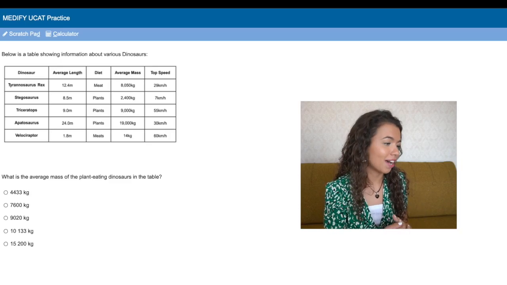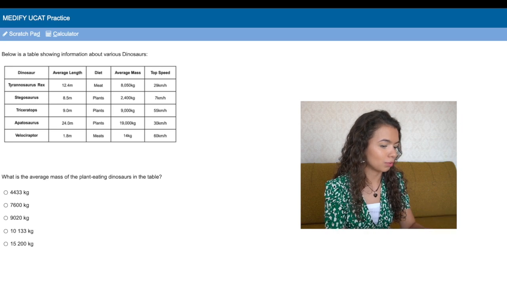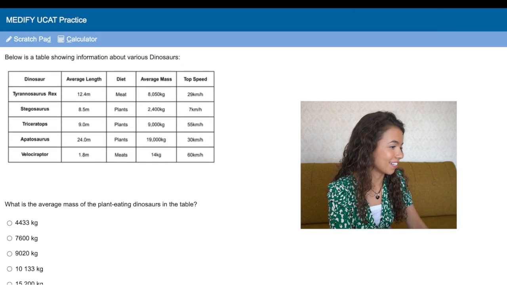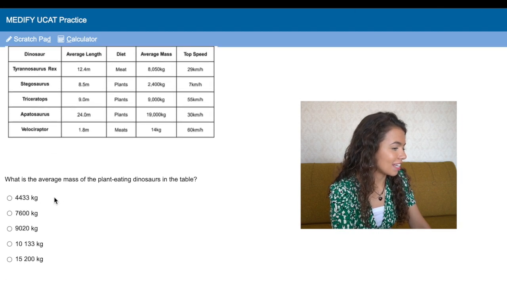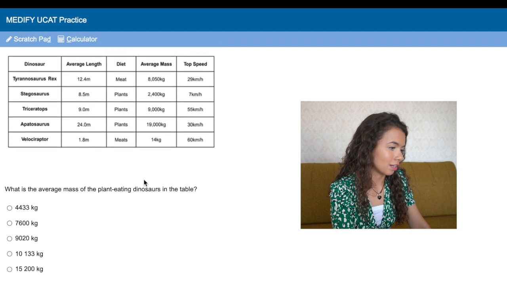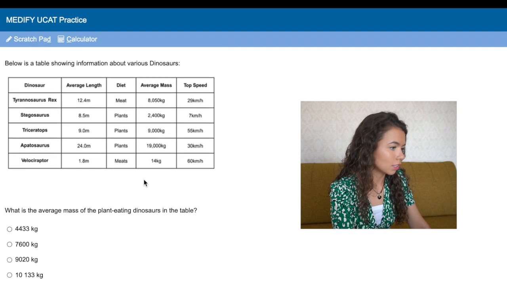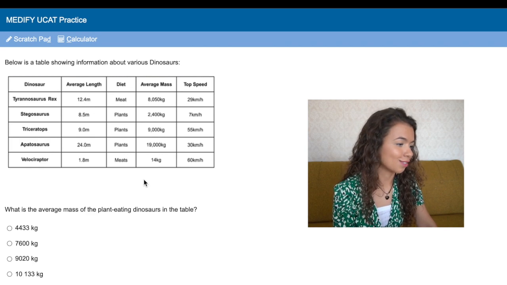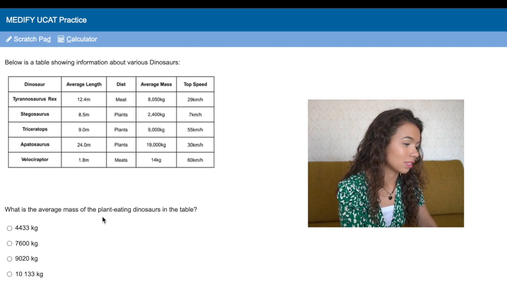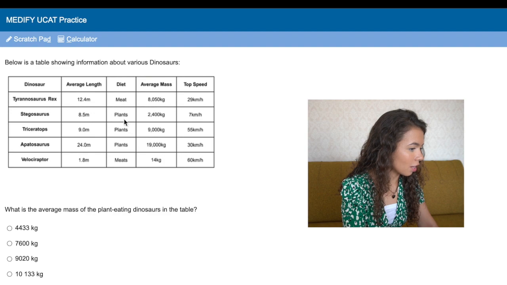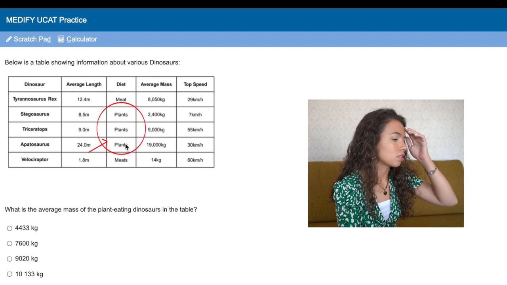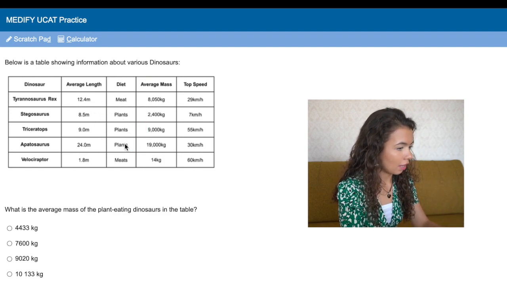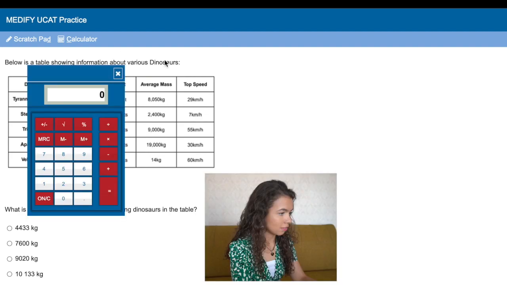Okay, so the next question we have is also a simple looking one, just a simple table. I'm just going to zoom in because I don't have my glasses. It says, what is the average mass of the plant-eating dinosaurs in the table? Unless you're an expert in dinosaurs, the first thing you want to figure out is which ones are the plant-eating ones, which are these three in the middle here. So you're going to add up their average masses and divide it by 3.